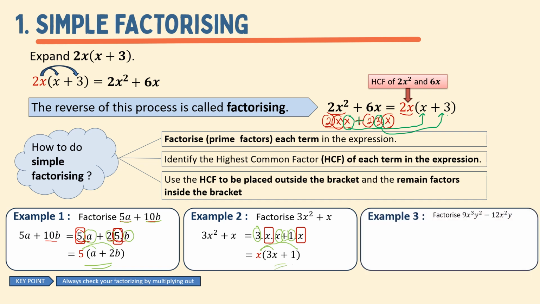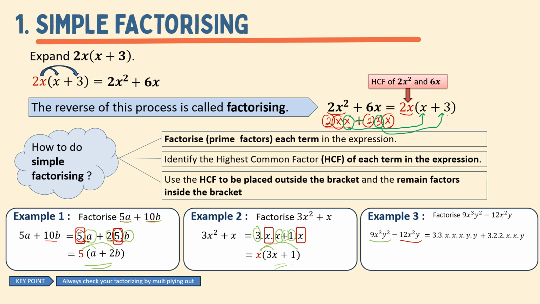So next example. Factorize 9x cubed y squared minus 12x squared y. So you need to decompose the first term here. Decompose 9 into 3 times 3, and then decompose x cubed into x times x times x, and y squared into y times y here. And then do the same thing for 12x squared y.